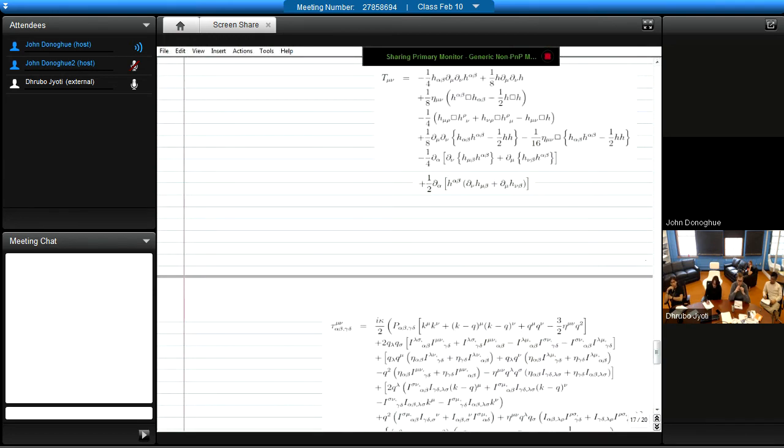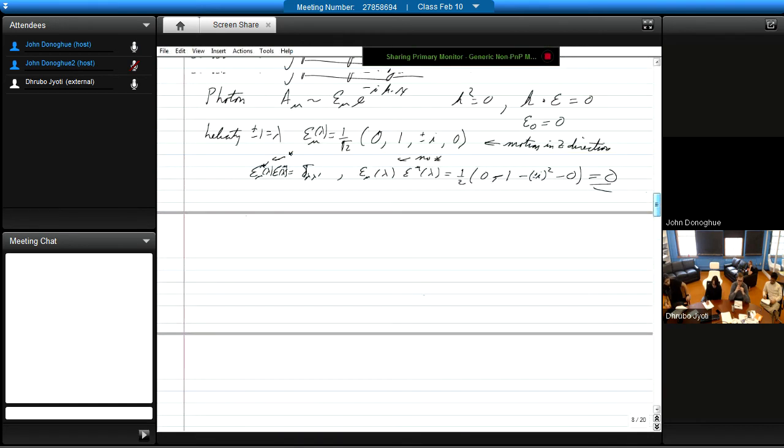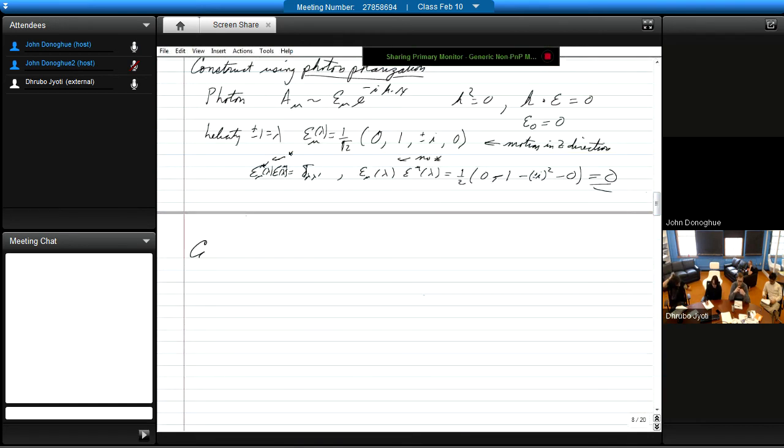Here's the construction. So we take h mu nu as some amplitude epsilon mu nu e to the i k dot x. So we're looking at plane wave solutions. The equations of motion insist that k squared equals 0.